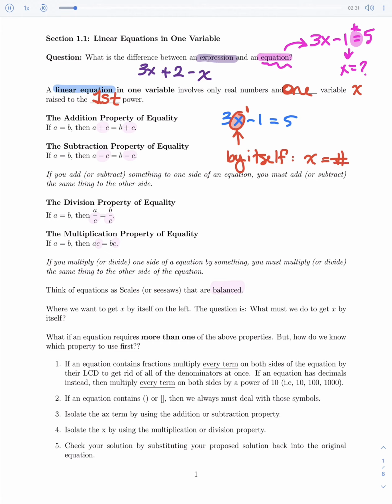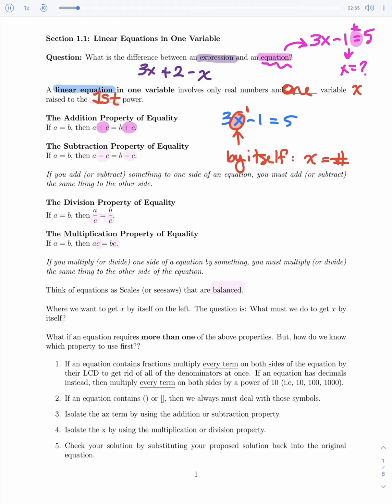Well, the idea with equations is that you have to keep them balanced. Whatever you do to one side of an equal sign, you have to do to the other. So that's why we have a bunch of principles of equality, things that we can do to both sides of an equation that really don't change anything, that keep it balanced.